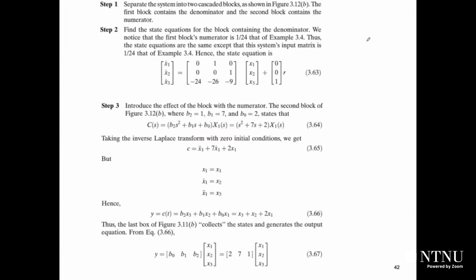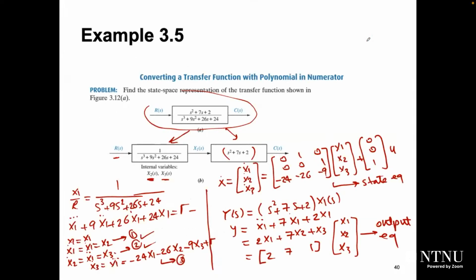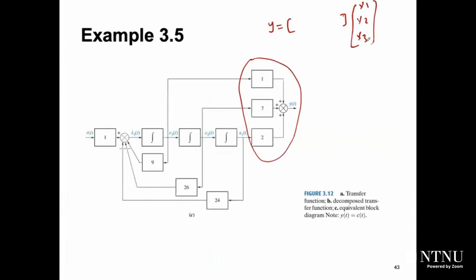Go back to see the output equation. It was 2, 7, 1, right? So 2 multiplied by x1, plus 7 multiplied by x2, plus 1 multiplied by x3.